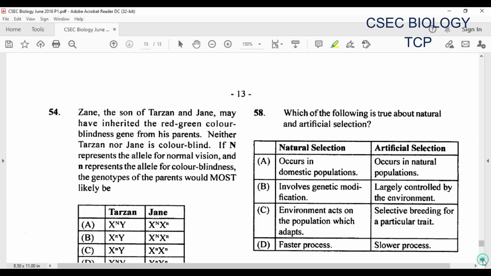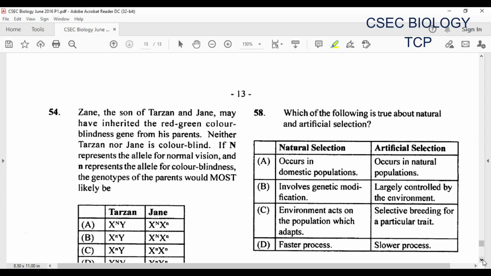All right, 54. Zane, the son of Tarzan and Jane, may have inherited the red-green colorblind gene from his parents. Neither Tarzan nor Jane is colorblind.